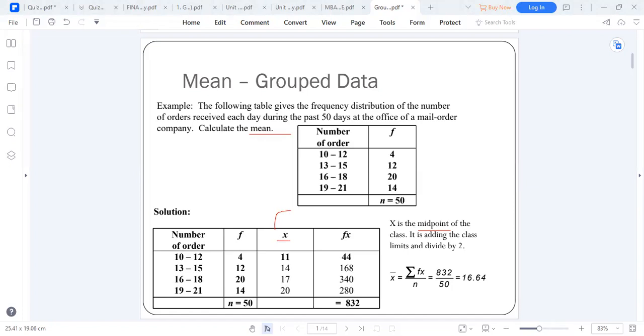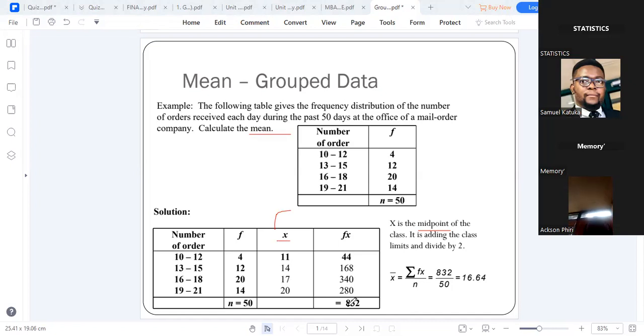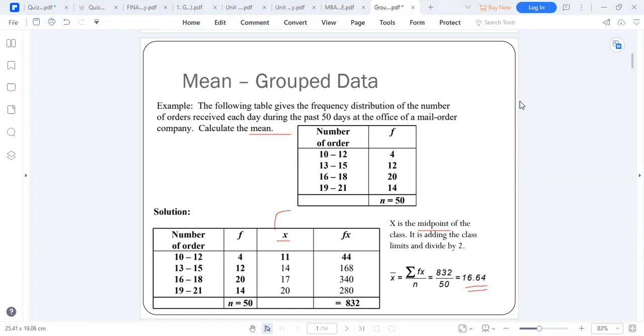In this case, the total here was 832 divided by 50. That is how we found our mean of 16.64. That is our average.